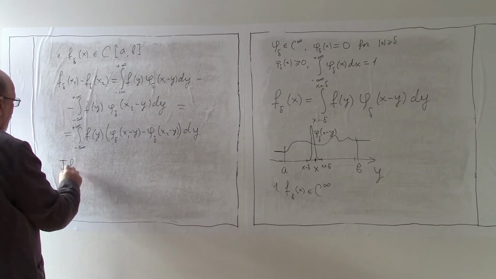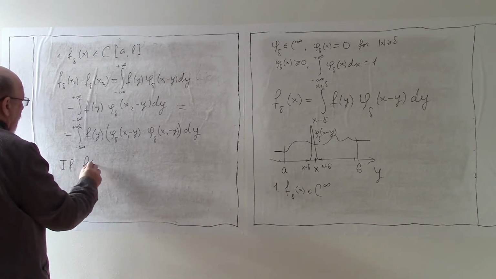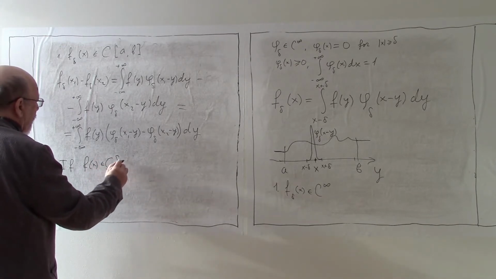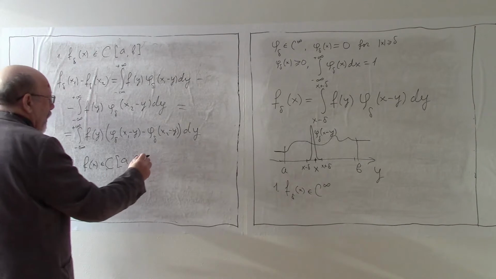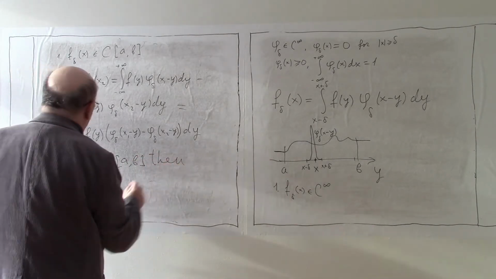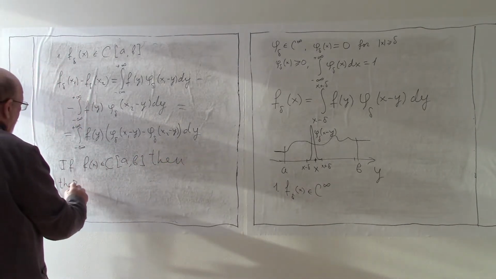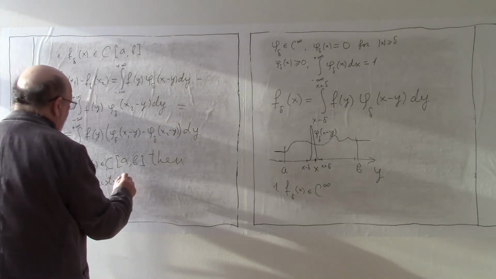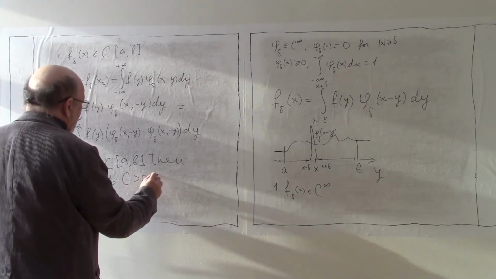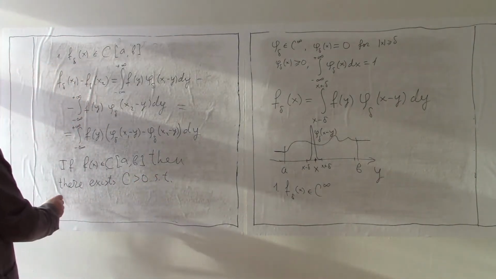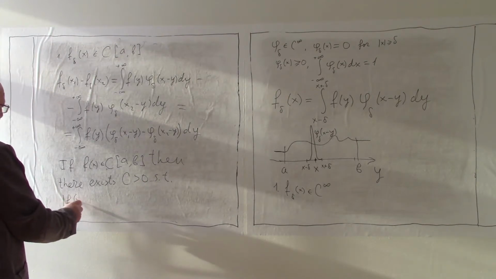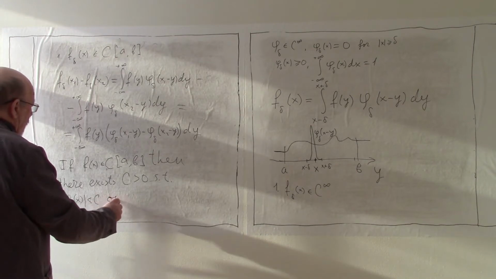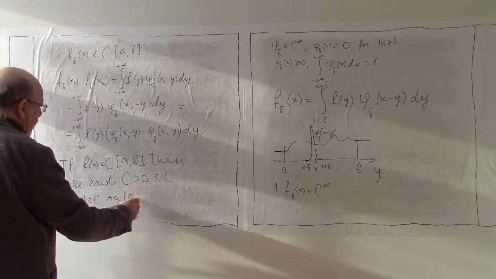If f of x is a continuous function from A to B, then there exists some constant C such that modulus f of x is less than C on AB.